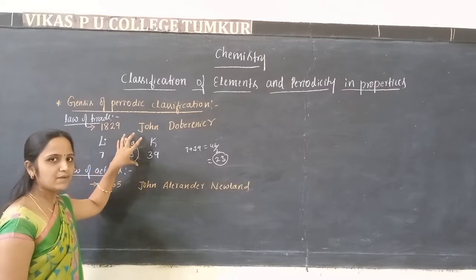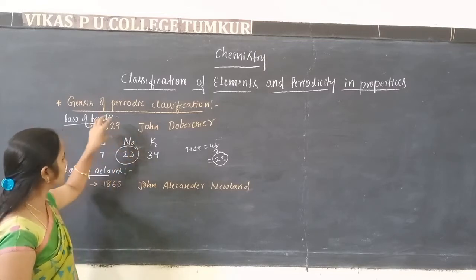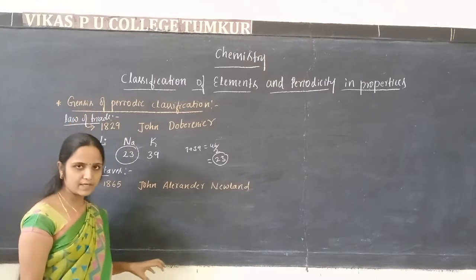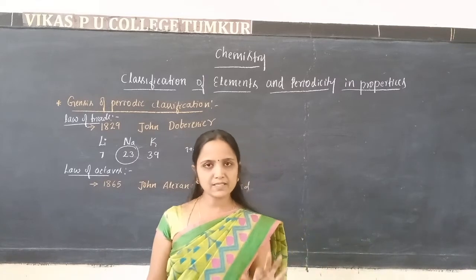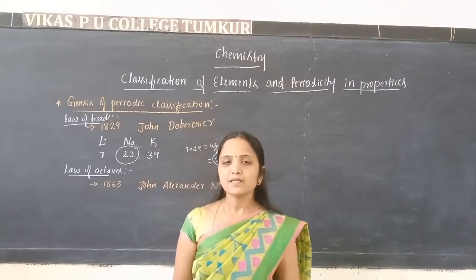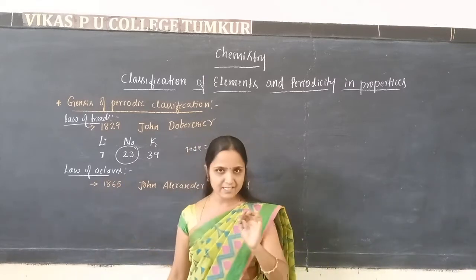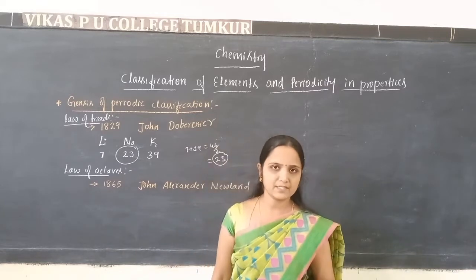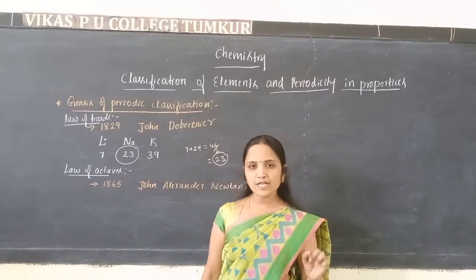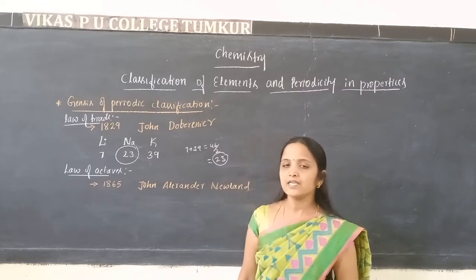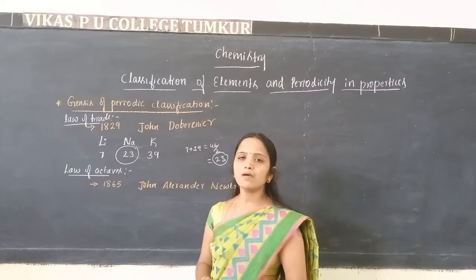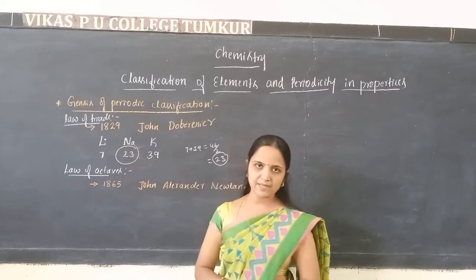This is the statement of the law of triads, proposed by John Dobereiner in the year 1829. This law states that in a set of 3 elements, the average atomic mass of the first and the third element is equal to the atomic mass of the middle element.